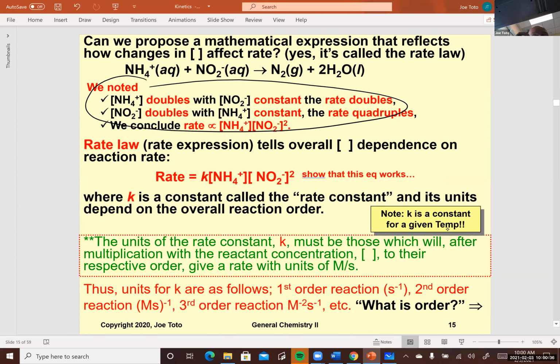And now we say, well, I know that the rate is going to be proportional to the concentration of ammonium to the 1 power, because it's a first order effect. And I know that the rate is going to be proportional to nitrite to the 2nd power, because it's a second order effect. So my rate law now is defined, at least in terms of x and y. x is going to be 1 and y is going to be 2.